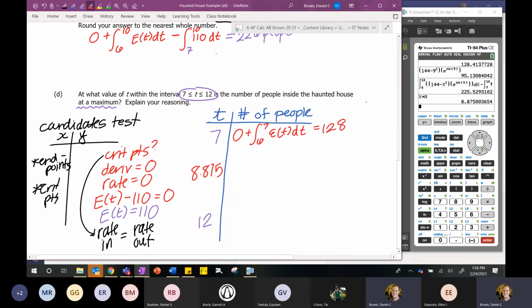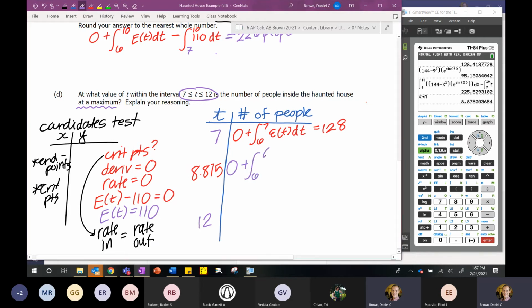And then you want to do that for each of the rows. So for the second row, think about what's happening. You had 0 people in the haunted house. People started entering at 6.